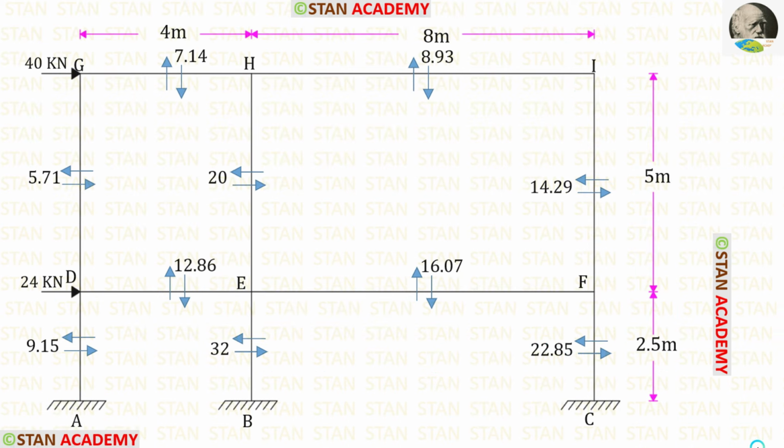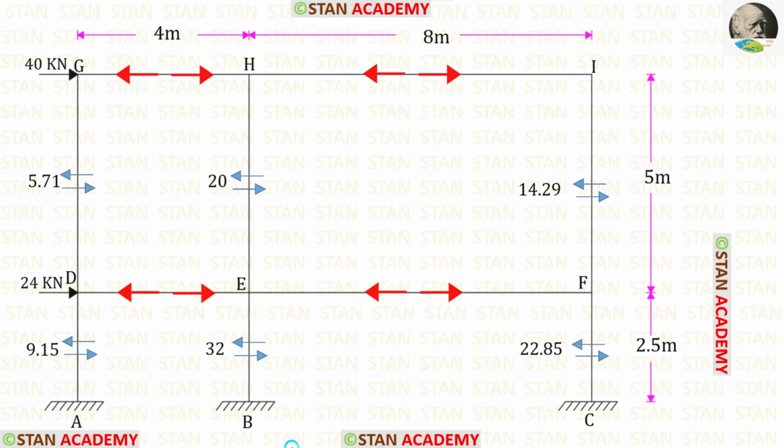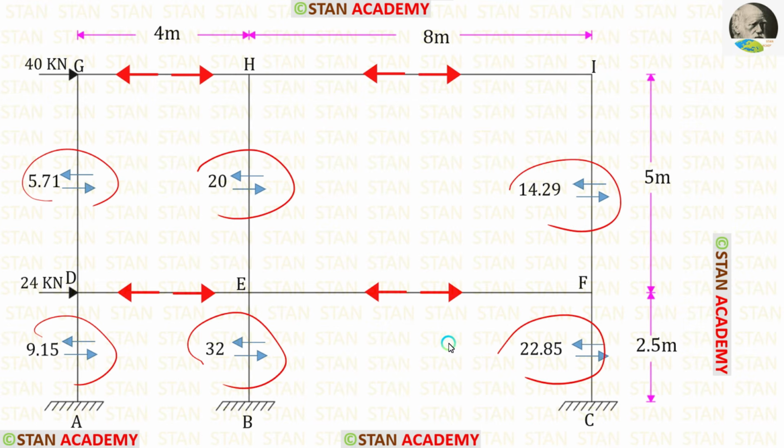So we have calculated the shear forces in the horizontal and vertical members. We have found the axial forces in the columns. Now let us find the axial forces in the beams. We can use the shear forces in the columns and find the axial forces in the beams.